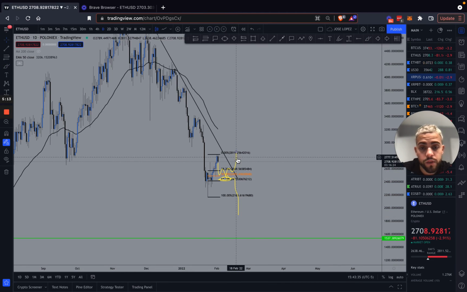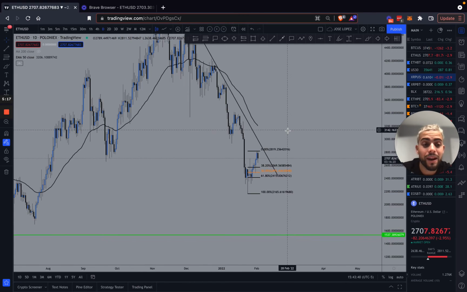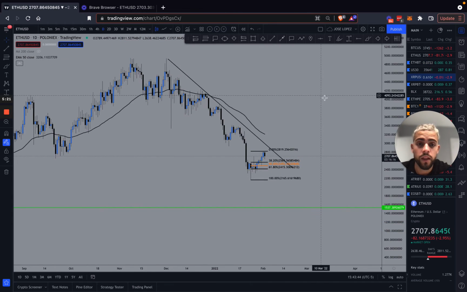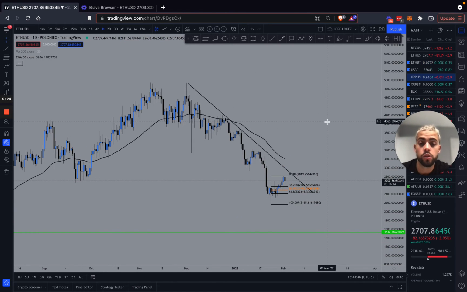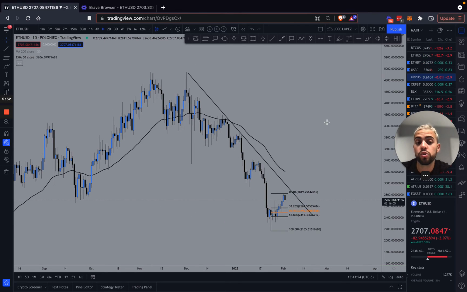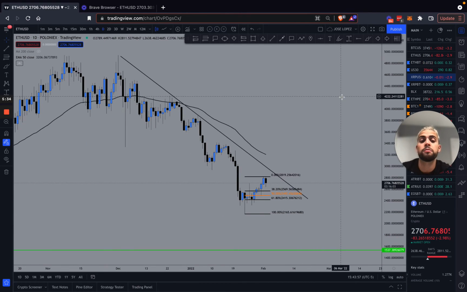Okay, so one thing I always like to say that I have learned throughout the time is that the market will always look for the majority of loss. As we know, more than 90% of people lose in this business or in this career. So this is the first thing to have in mind: the majority of people are losing. Okay, so what is the majority of people looking or waiting for in order to monetize this? And this is important.